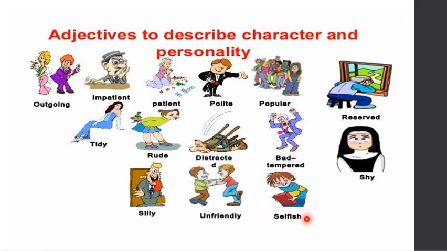This boy, from what he's doing, we can say that this boy is selfish, no? Later we can study and understand some vocabulary of a person's character and personality. All right.